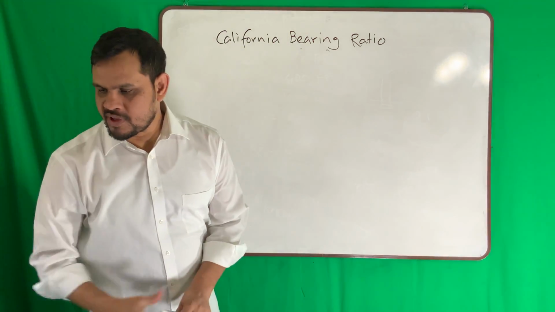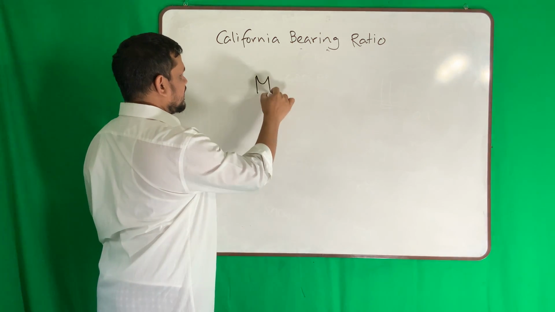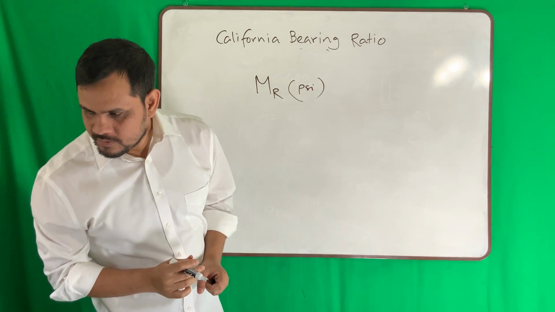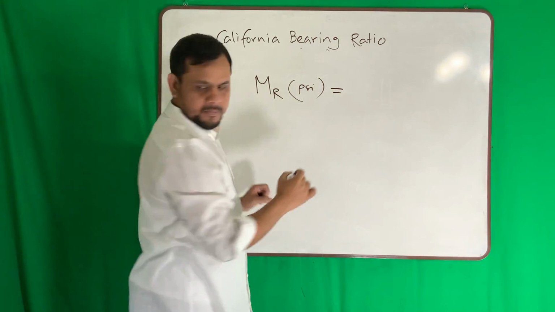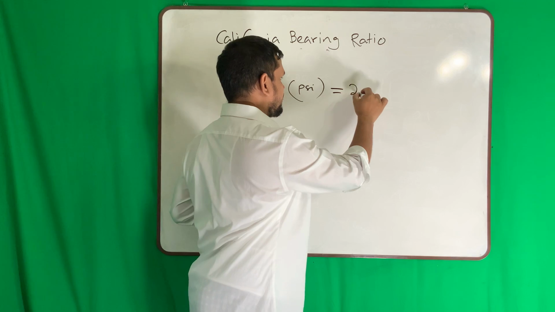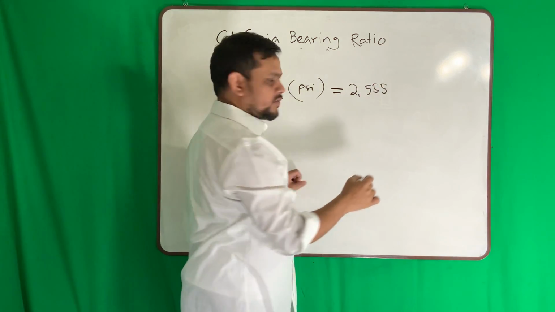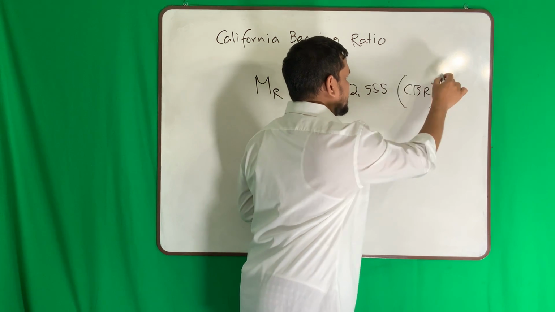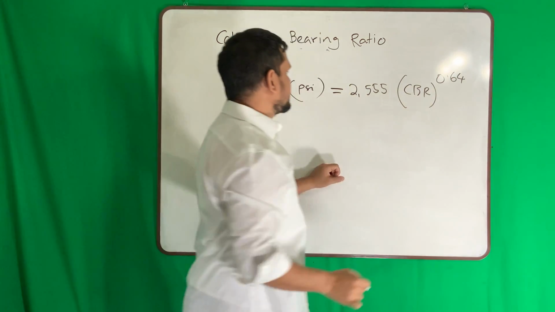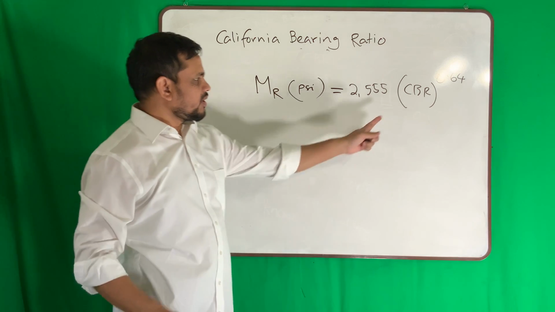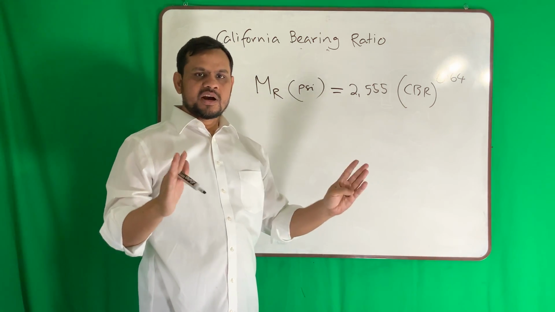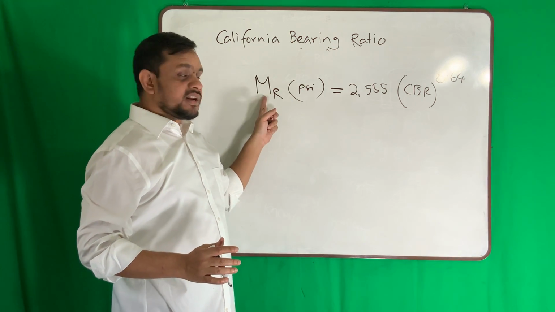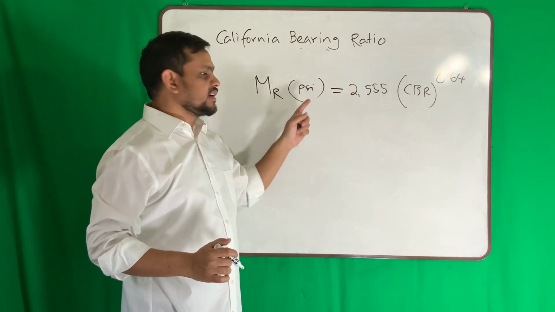If I know the California bearing ratio, I can find the resilient modulus in psi, using 3000 times CBR to the power 0.64. Whatever California bearing ratio you obtain on a scale of 0 to 100, place it here, and this equation will give you the resilient modulus in psi.